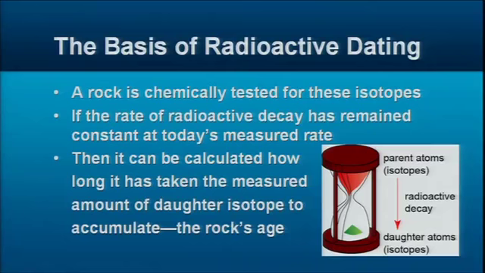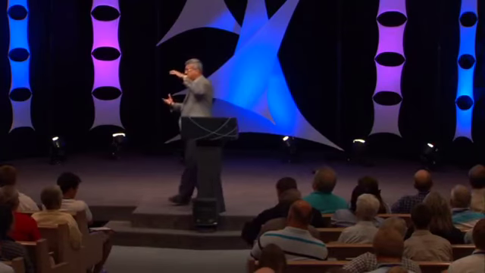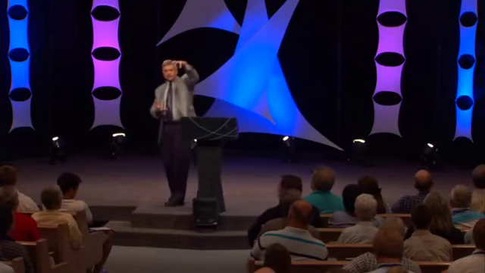Now, I've included on the screen a little hourglass to give you the idea, because the analogy is quite simple. The sand in the top glass bowl represents the parent atoms. The sand in the bottom glass bowl represents the daughter atoms. As they fall, the parent atoms change to daughter atoms down the bottom, and the falling process is analogous to radioactive decay.